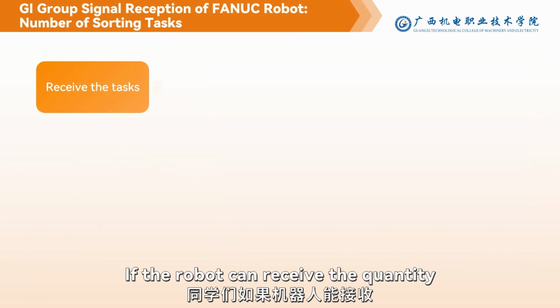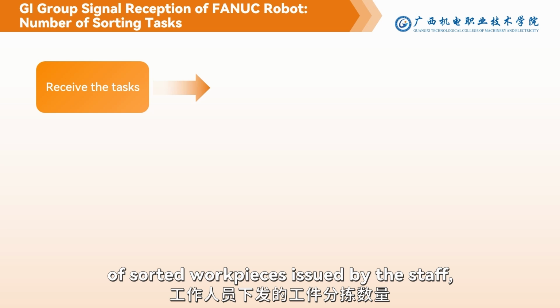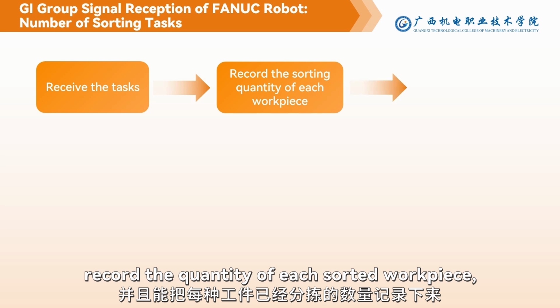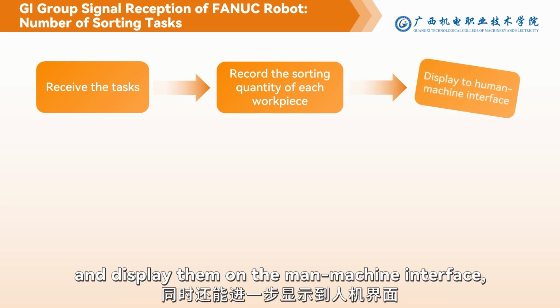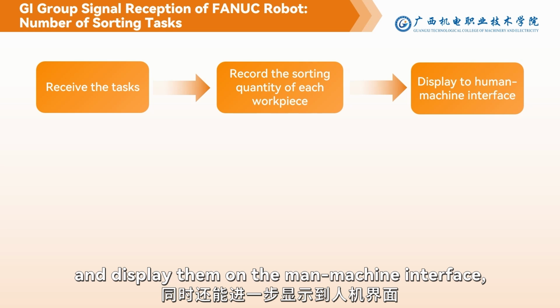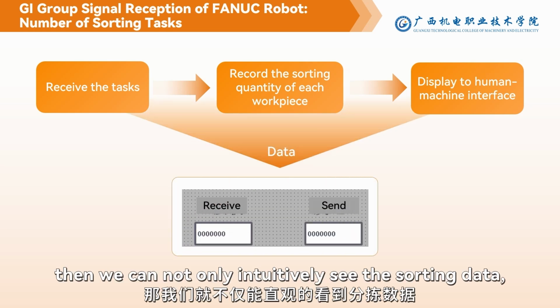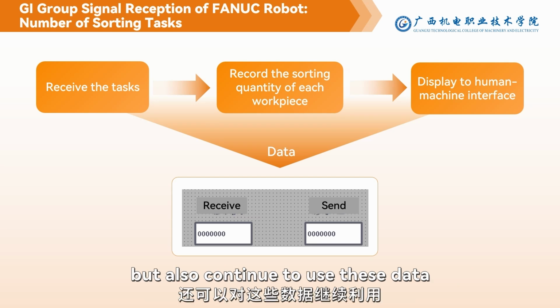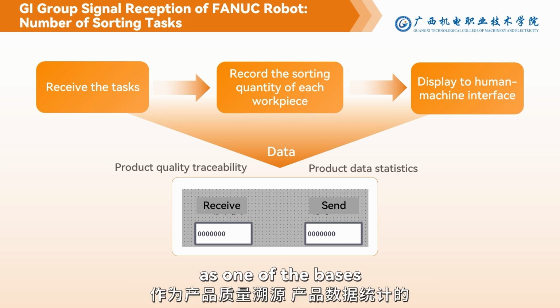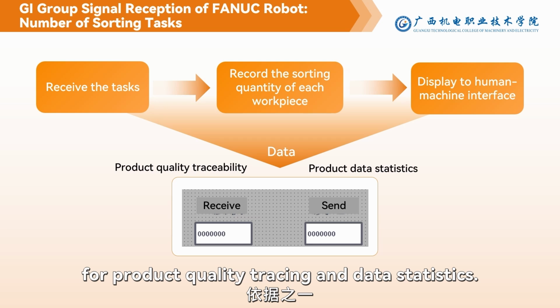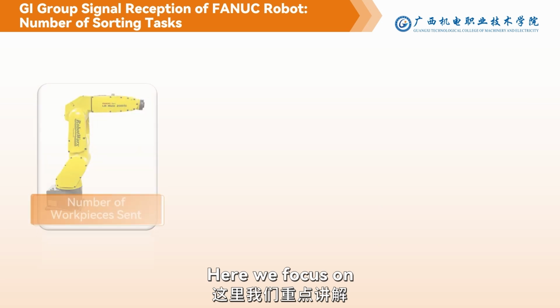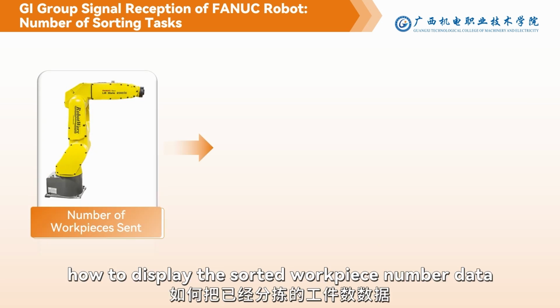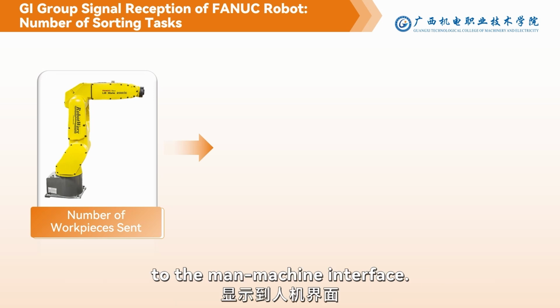If the robot can receive the quantity of sorted workpieces issued by the staff, record the quantity of each sorted workpiece, and display them on the man machine interface, then we can not only intuitively see the sorting data, but also continue to use this data as one of the bases for product quantity tracing and data statistics.